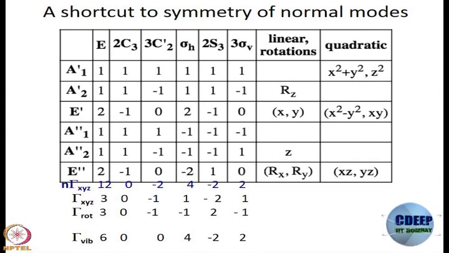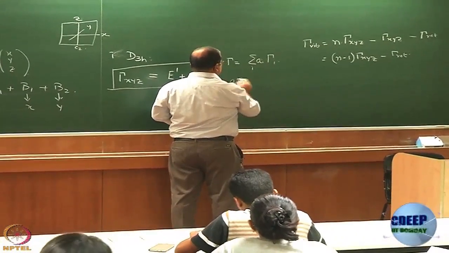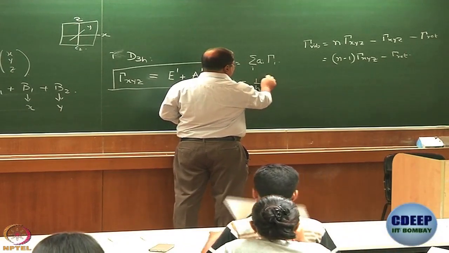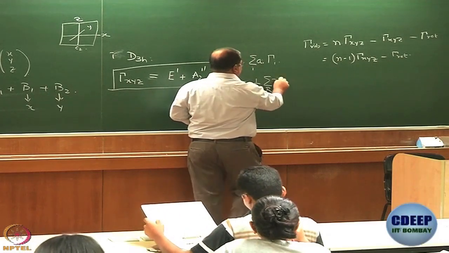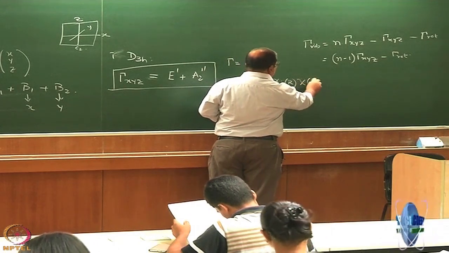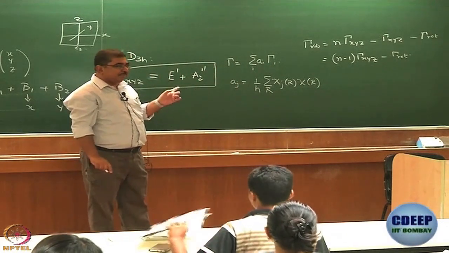So we said that we write a reducible representation as sum over i, ai, gamma i, and the way we find aj is 1 by h sum over r chi j of r times chi of r, where chi of r is the character of symmetry operation r in the reducible representation.